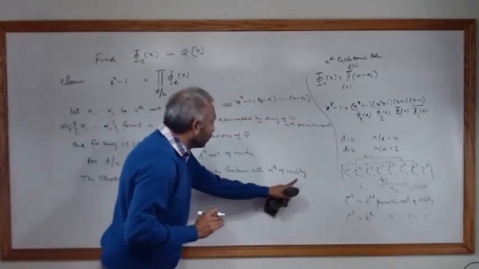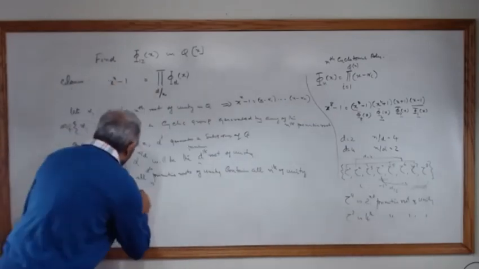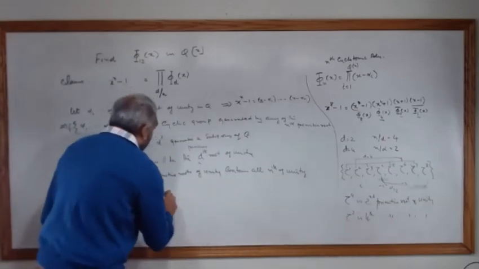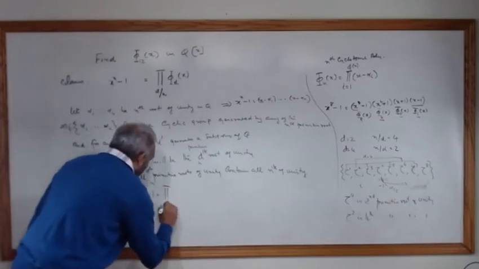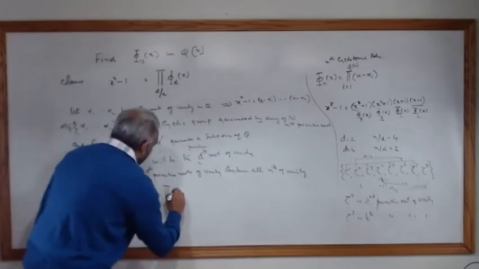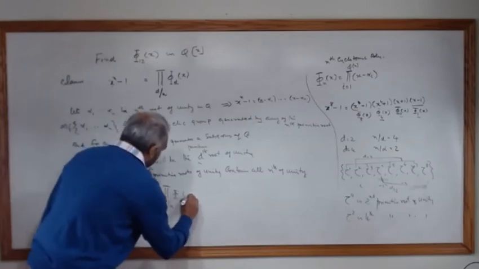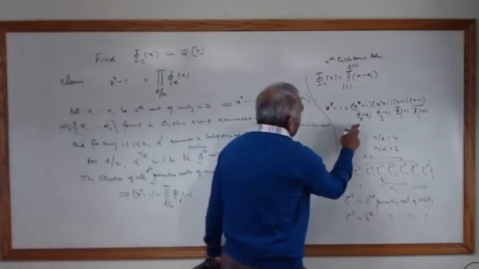They contain all the nth roots, and that implies x to the power of n minus 1 is equal to the product over d dividing n of phi d of x. See, that is exactly what I am saying here.